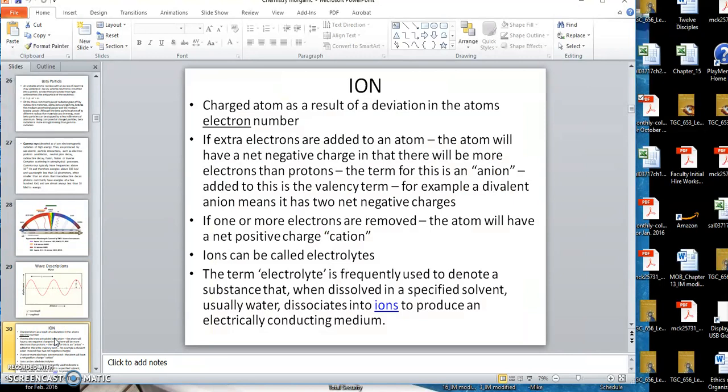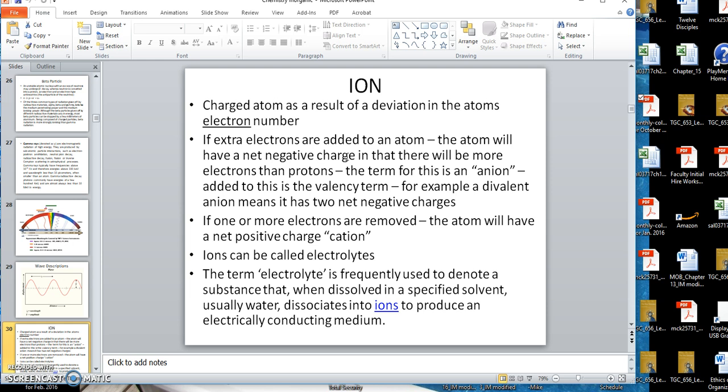Now, the first descriptor I spoke of, you may recall, was an isotope, a deviation in the neutron number. This here is an ion. This is a deviation in the electron number. Okay, with this one, yes, you also could change the atomic mass, but the electrons do not contribute that much to the atomic mass. So the main thing with these are charged particles.